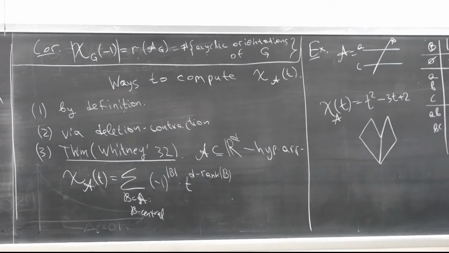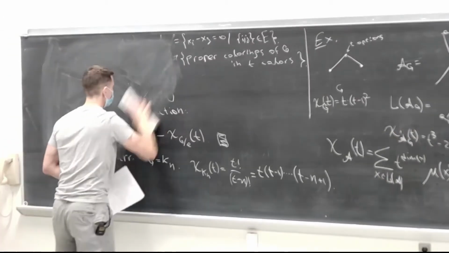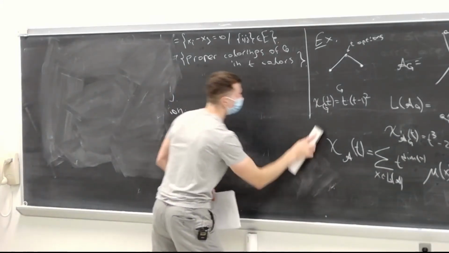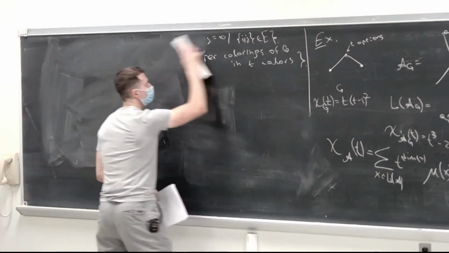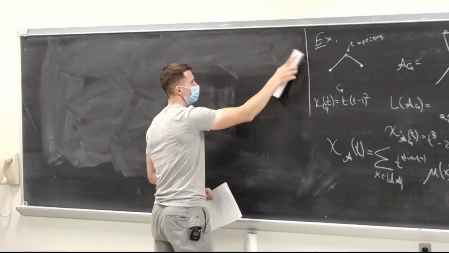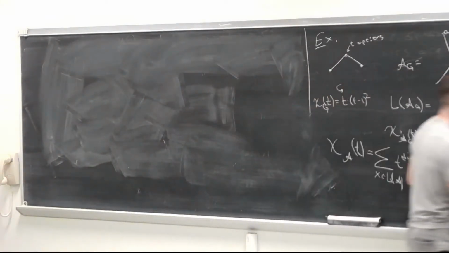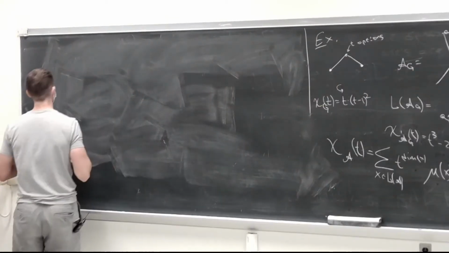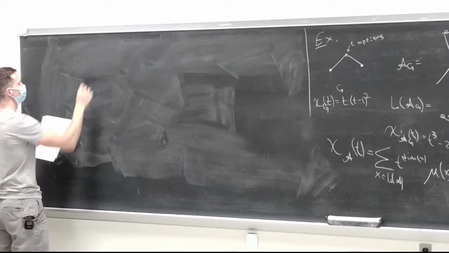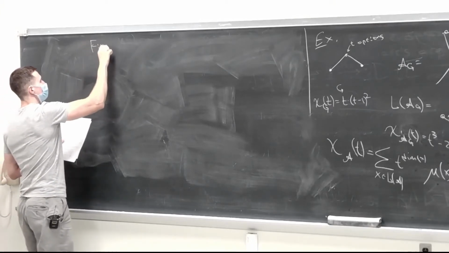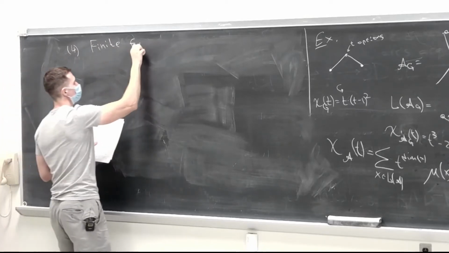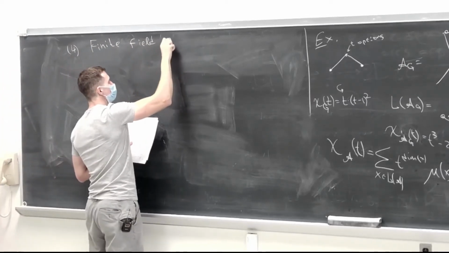Sometimes, in some examples, there's no way around using it, but there is a much more powerful technique, which is, as I promised, a generalization of the chromatic polynomial to hyperplane arrangements, called the finite field method. That's number 4.